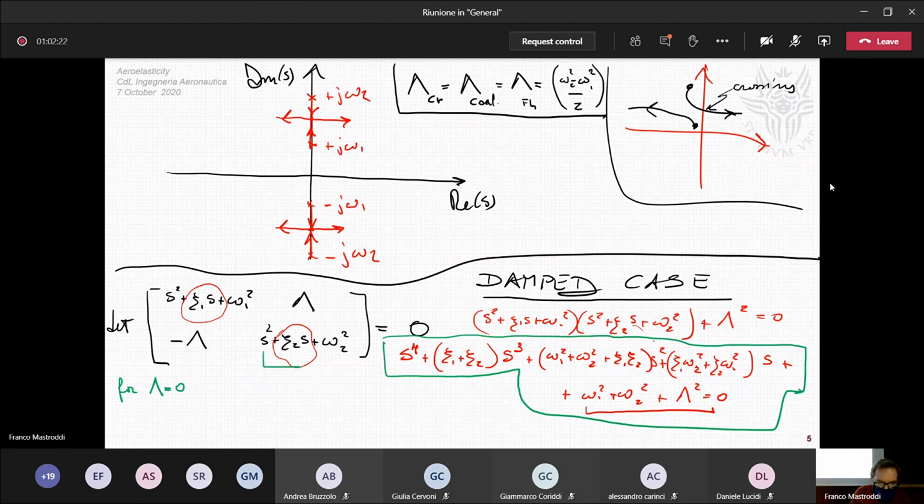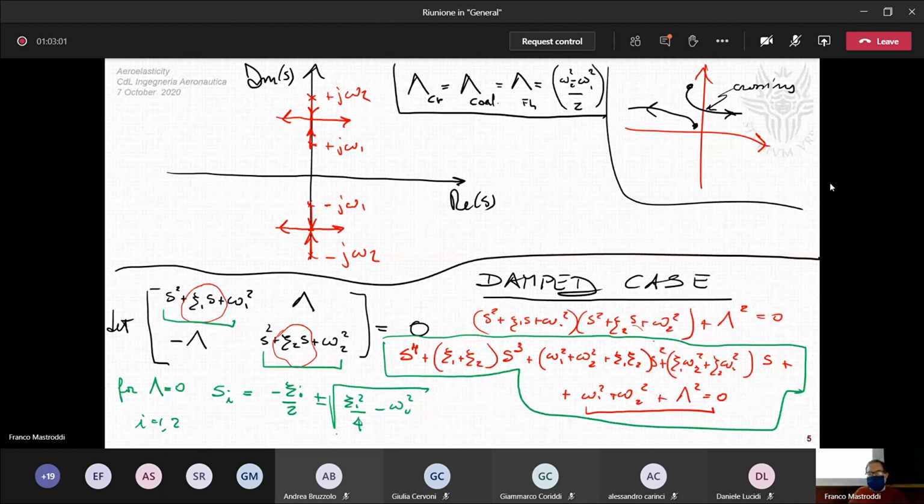This quantity has to be equal to 0 and this quantity has to be equal to 0, and therefore in the case of lambda equal to 0, we have that s_i for i equal 1 and 2 is equal to minus zeta i by 2 plus minus square root of zeta i squared by 4 minus omega i squared.